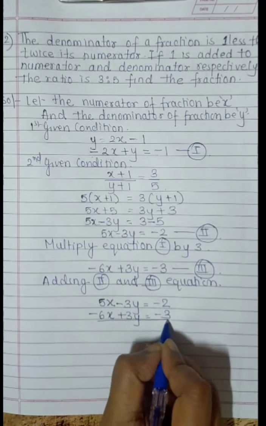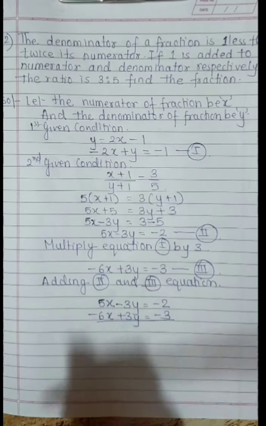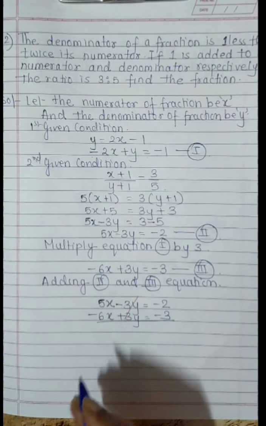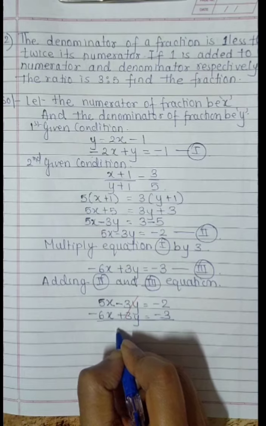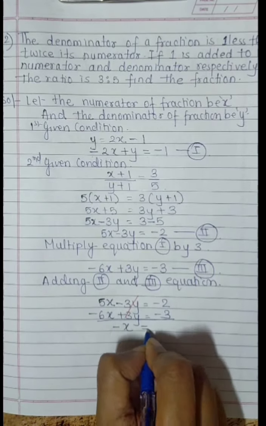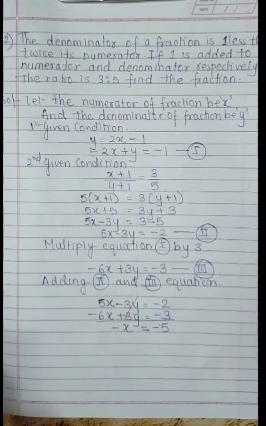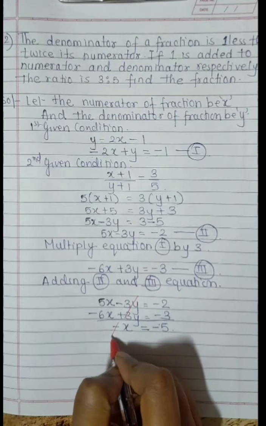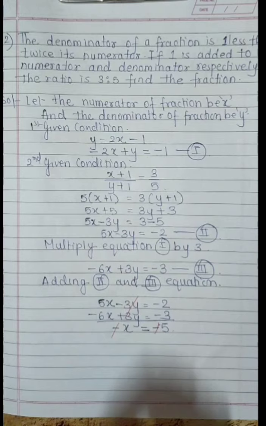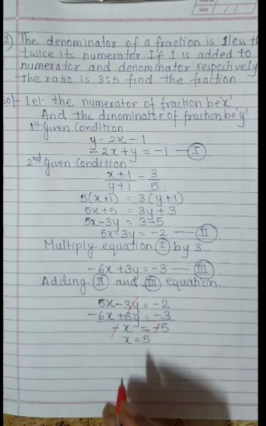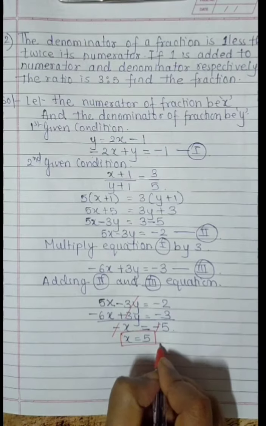Here minus 3y and plus 3y get cancelled. What remains? Minus x equal to minus 5. Now both signs will cancel. What remains? x is equal to 5. So we got the value of x as 5.